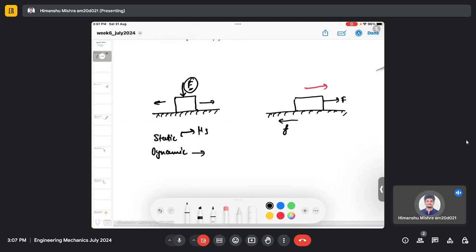Whereas dynamic friction occurs when a body is moving in any direction and is in contact with some plane or body or surface. While there is a motion, the body will experience friction, and this is dynamic friction, which is quantified by the coefficient of dynamic friction.